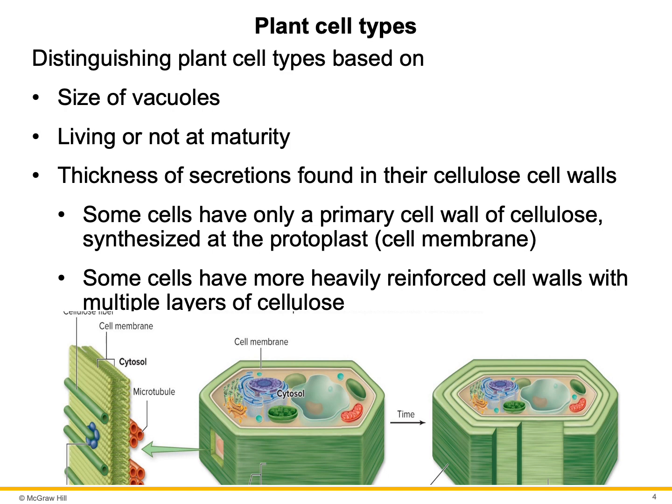So these are the three distinguishing characteristics of plant cell types: size of their vacuole, living or not at maturity, and the thickness of secretion found in their cellulose cell walls.